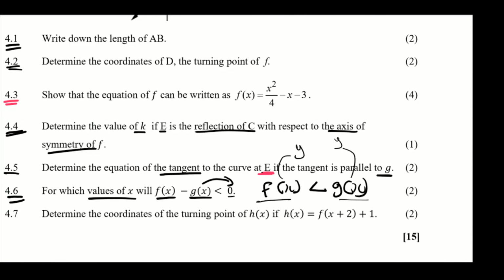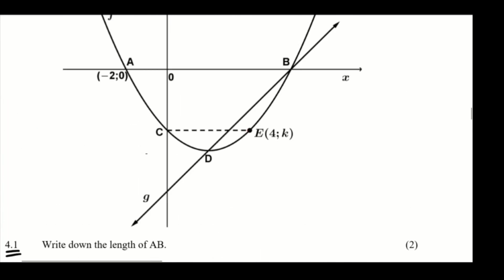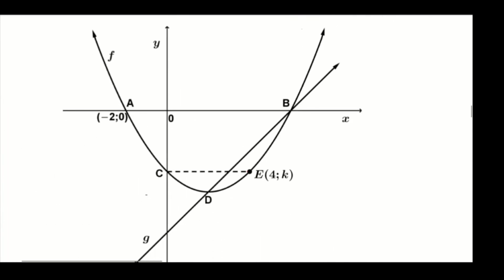So what we're going to look at here are points where the graph of f is less than the graph of g, and we want the values of x when that happens. So remember that this is your graph of f, this is your graph of g. So we want a point where f of x is less than g of x. Where does that happen? This is f of x.